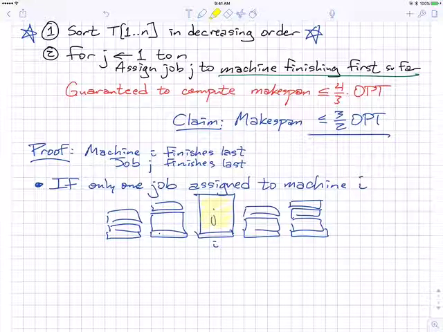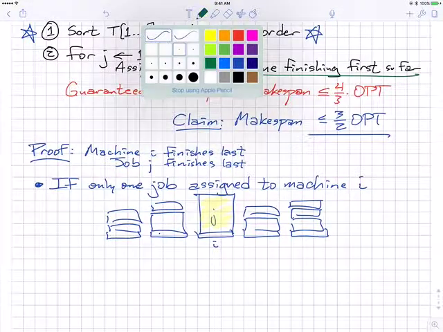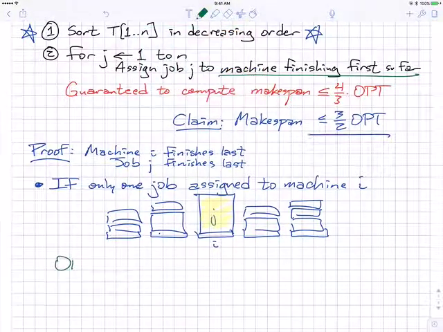What can I say about the schedule in this case? It's optimal. Why is it optimal? If you remember earlier in the previous proof, we said opt has to be bigger than T of J, and it actually doesn't matter which J we pick.